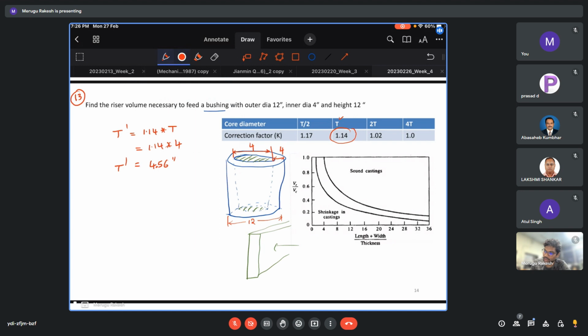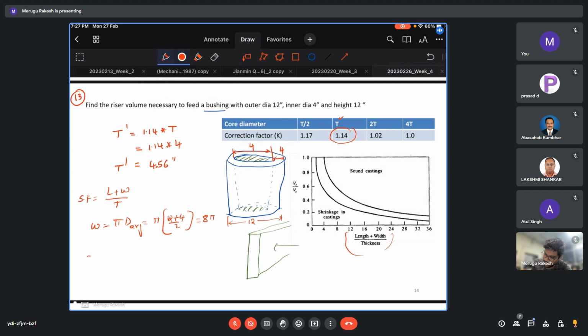So now, in order to calculate the volume of the riser, we have to calculate the shape factor. That is length plus width by thickness. Shape factor is, so now width is pi into d average. That is pi into d average, in this case 12 plus 4 by 2. So that is nothing but 16 by 2, that is 8 pi.